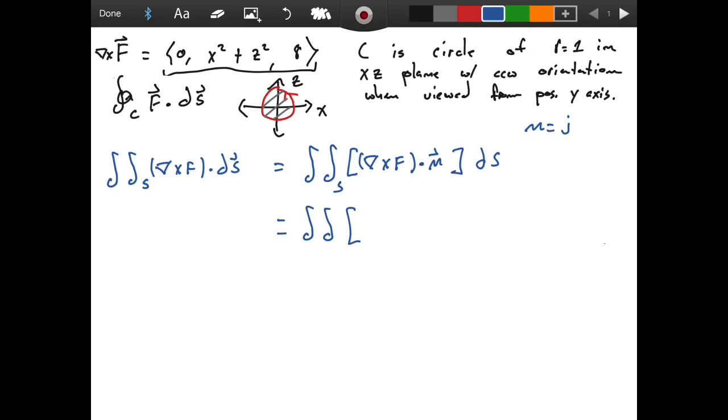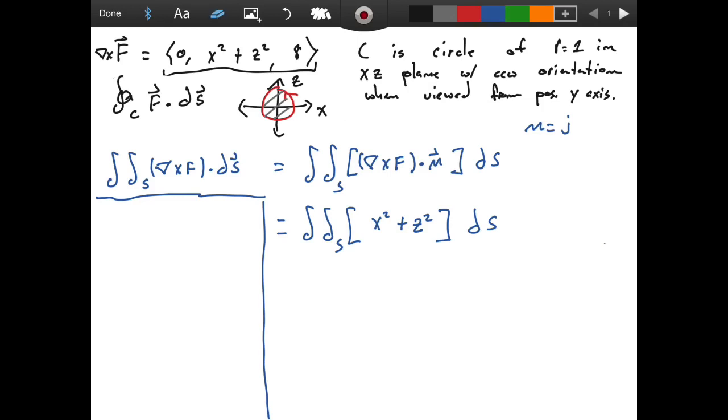Okay, so now this just becomes the surface integral of x squared plus z squared over the surface. The surface is the disk of radius 1 centered at the origin in the xz plane. Okay, now there are a number of ways to do this. You can look at some of my other videos where I talk about this. I'll talk about it again here.